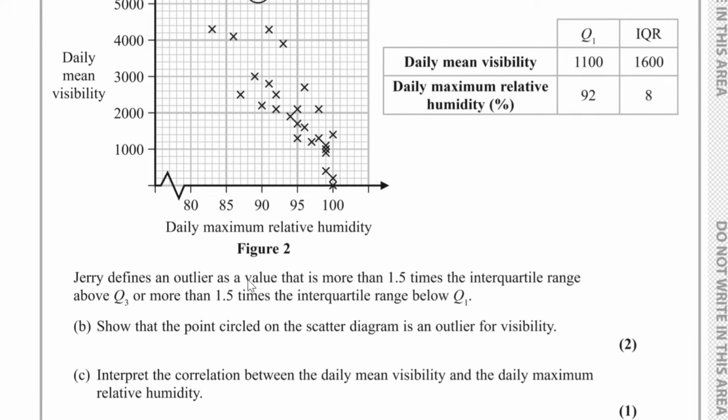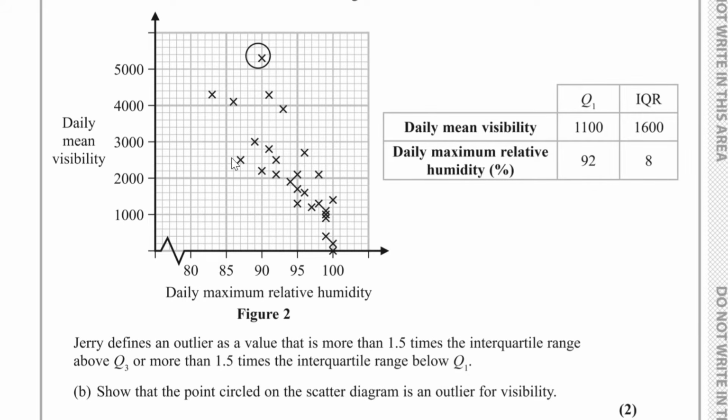Jerry defines an outlier as a value that is more than 1.5 times the interquartile range above Q3, or more than 1.5 times the interquartile range below Q1. And for part B, we have to show that the point circled on the scatter diagram is an outlier for visibility.